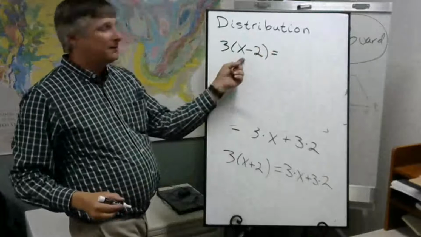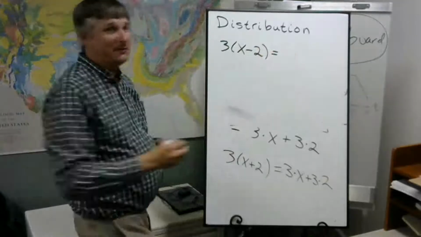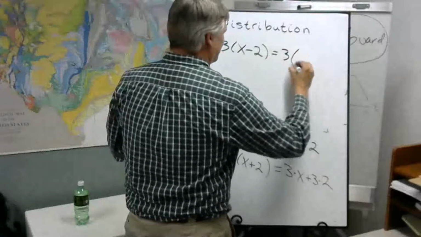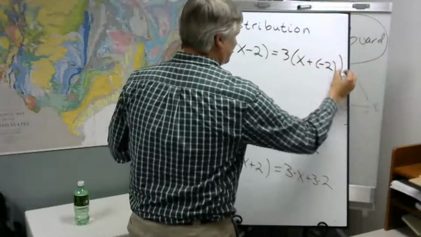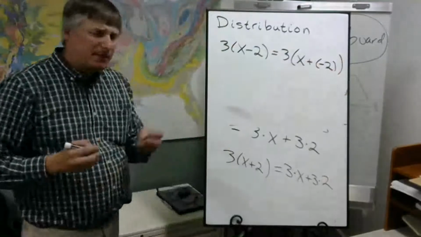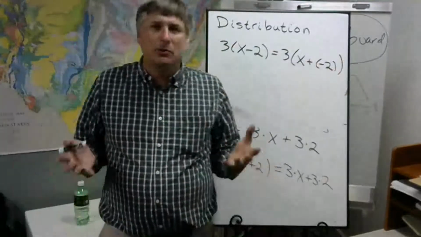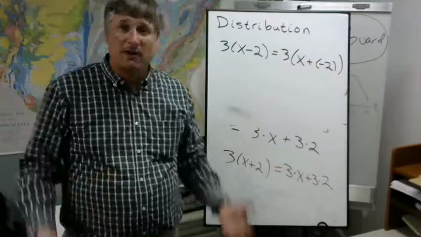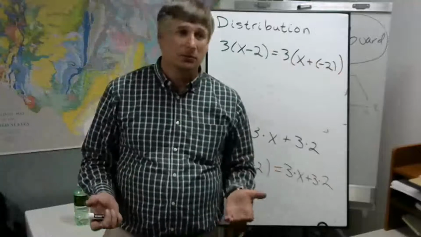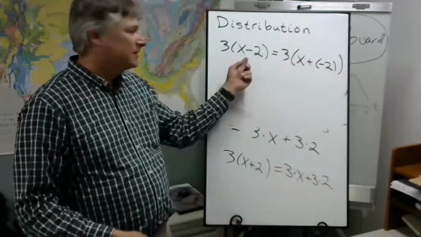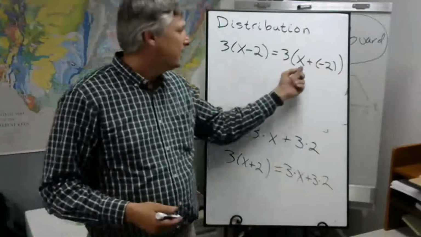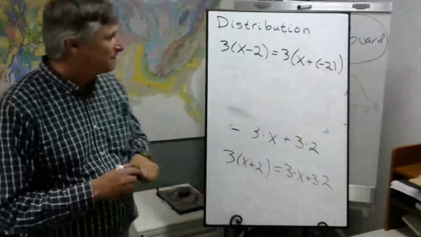We can rewrite this as adding a negative. If you think about it, 5 minus 2 is 3. 5 plus negative 2 is also 3. So instead of x minus 2, we can write x plus negative 2.